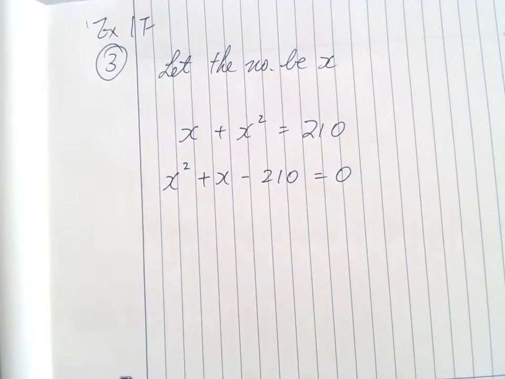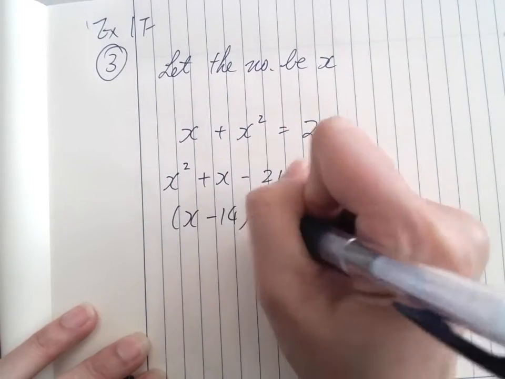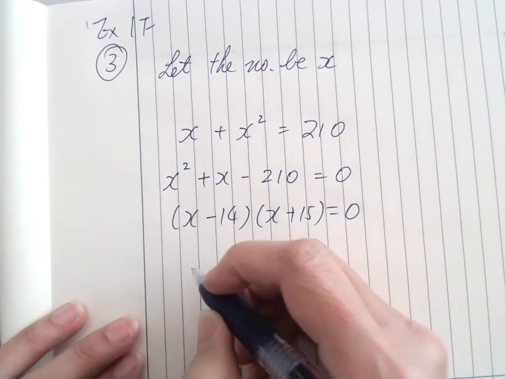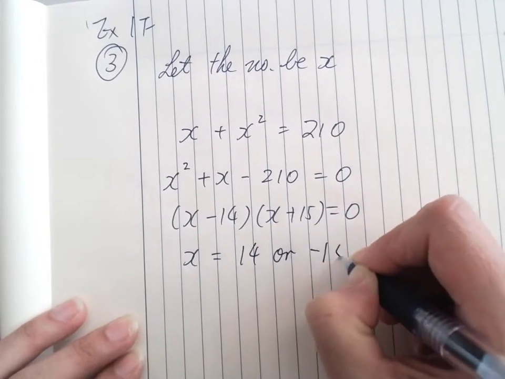So what we've got to do is find the factors of the expression. We have x minus 14 and x plus 15 equals 0 if you factorize it. So x will be equal to 14 or negative 15.